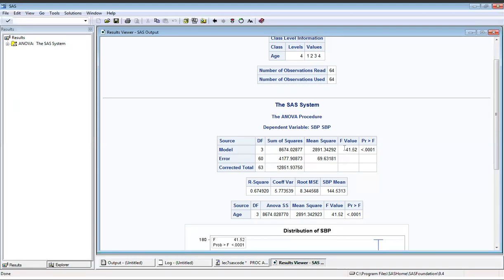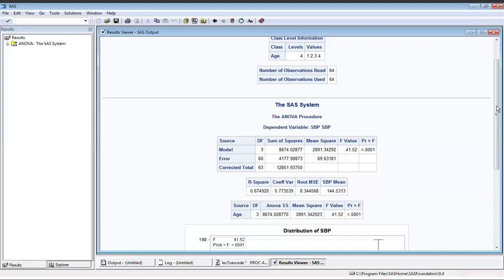And if we use this F value with the F distribution with numerator degrees of freedom equal to 3 and denominator degrees of freedom equal to 60, we get a highly significant p-value, less than 0.0001.